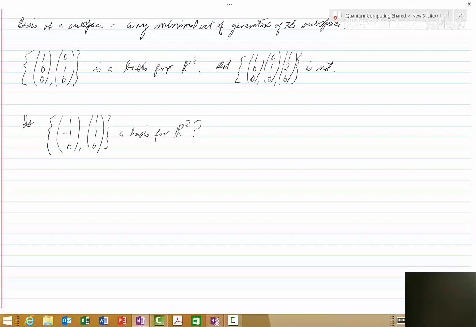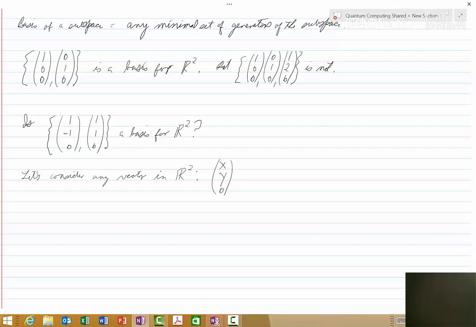Well, the way that I'll proceed with this is the following. Let's consider any vector in R2. Now, if a vector is in R2, it must have the form x, y, 0.